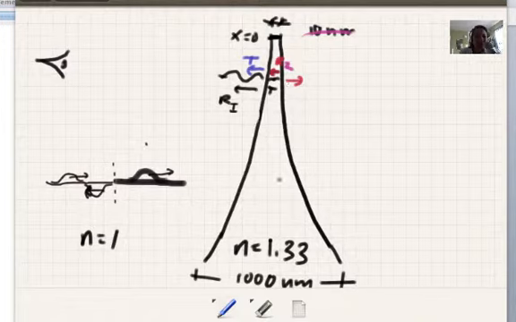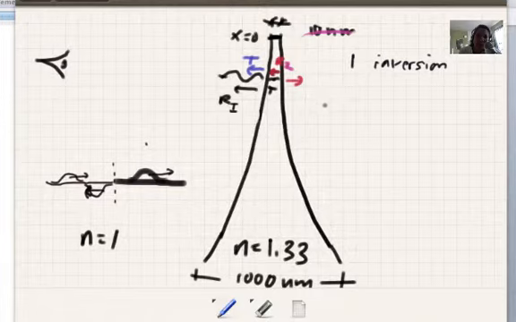And then at this interface, where you go from higher refractive index to lower, you do not get an inverted wave. So the second reflected wave is not inverted, and it's transmitted through into the refractive index of 1 without being inverted. So we have one inversion, and therefore our rules are that you will get constructive interference.